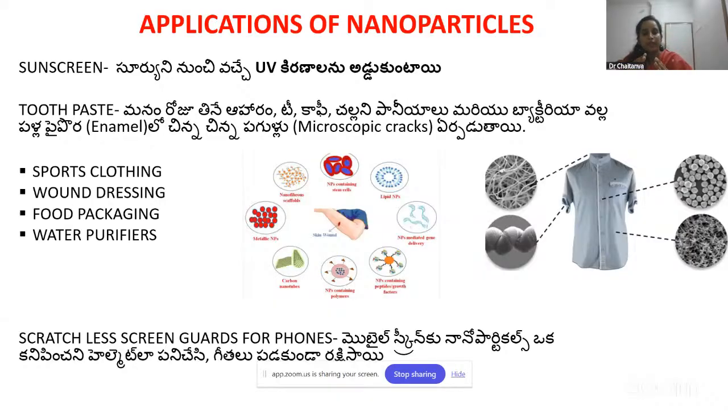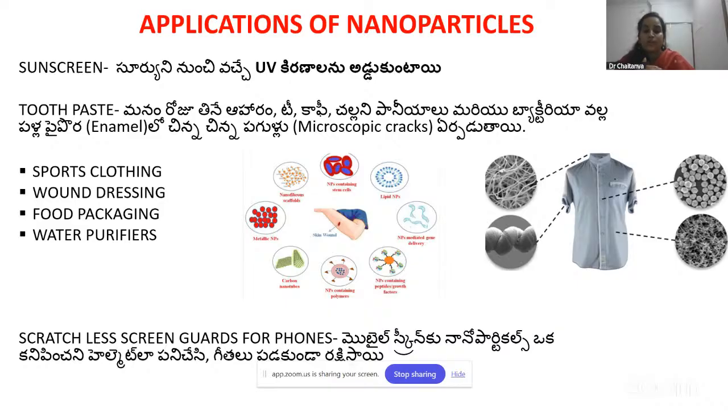Suppose the same tomatoes or whatever fruits, not the fruit itself, the fruits will be enclosed in paper. That paper will be coated with the nanoparticles. So what happens because of that? Again the same principle, it will stop the growth of the foodborne pathogens.